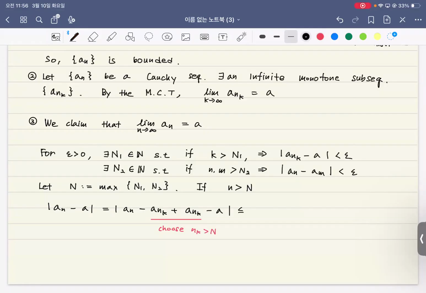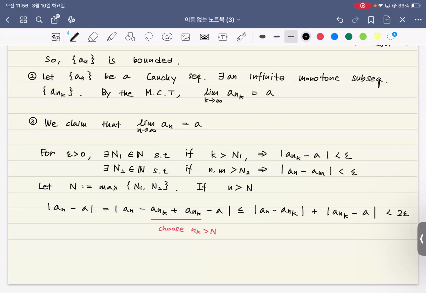Then, by the triangle inequality, we split into |a_n - a_{n_k}| and |a_{n_k} - a|. Since nk is greater than n, |a_n - a_{n_k}| is less than epsilon. And also nk is greater than n, so this other term is also less than epsilon. So everything is less than 2 epsilon. So we're done.